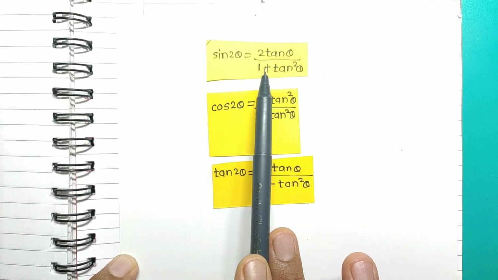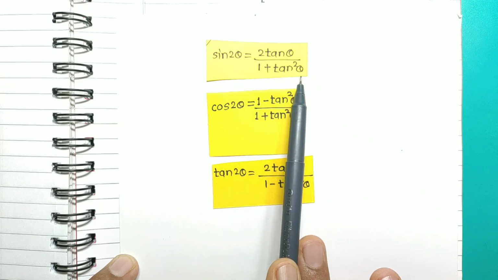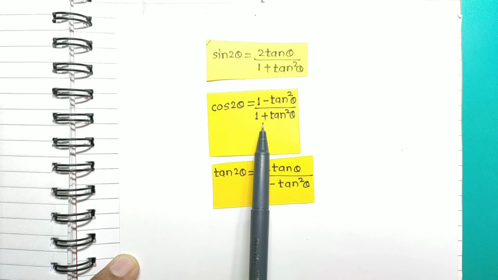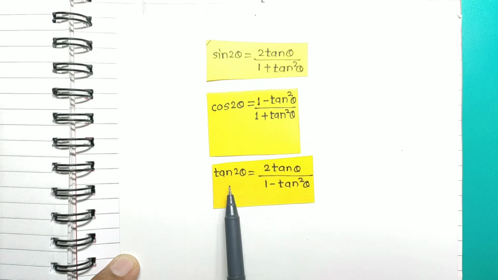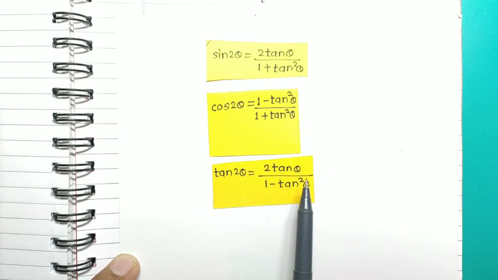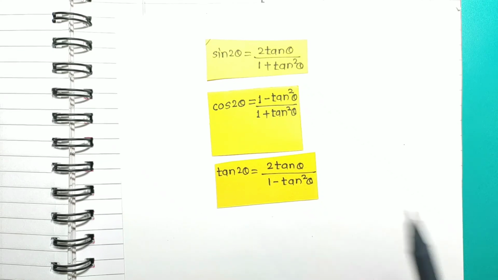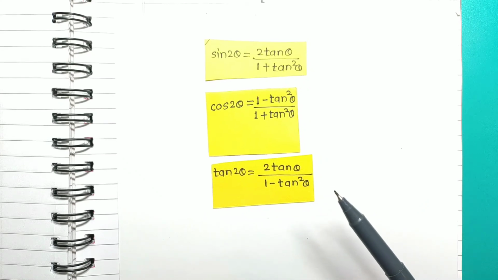Sine 2 theta is equal to 2 tan theta upon 1 plus tan square theta. Cos 2 theta is equal to 1 minus tan square theta upon 1 plus tan square theta, and tan 2 theta is 2 tan theta upon 1 minus tan square theta. So in this particular type of trigonometric substitution we have used most of the time these three results. So you note them properly.